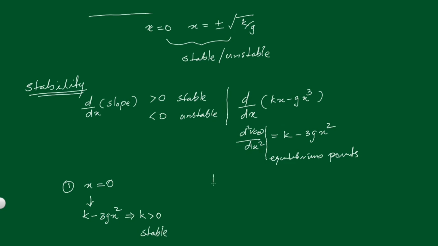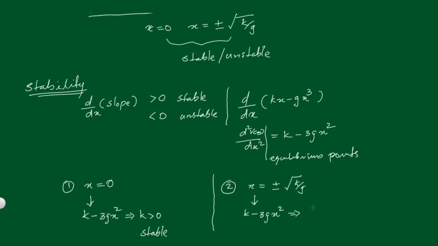Now we have to check the second equilibrium point. The second equilibrium point is x equal to plus or minus root k by g. Now substitute this value in k minus 3g x square.